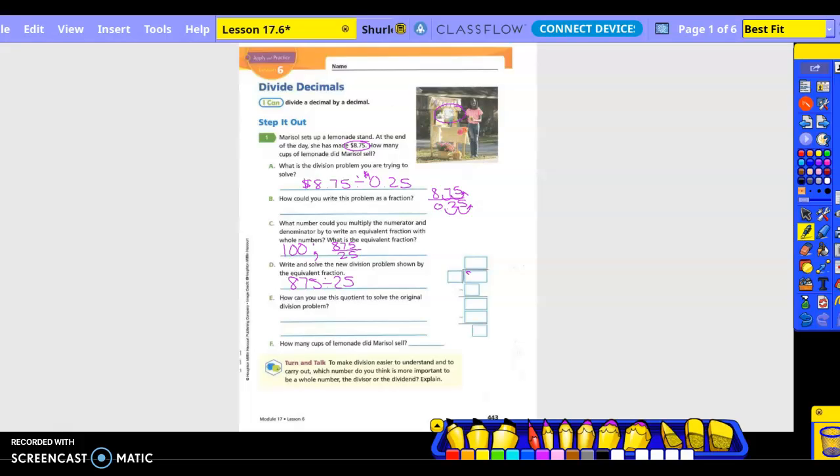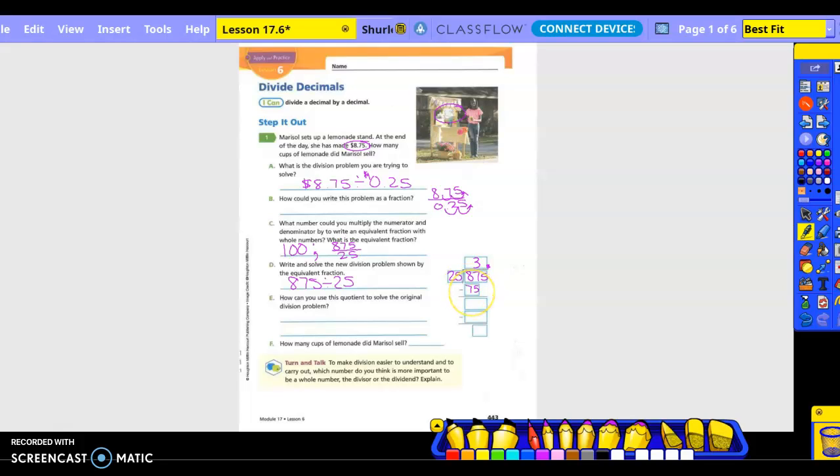Okay. So I'm going to put 875 in the house as the dividend and 25 out here as the divisor. So my decimal will go straight up because it'd be back here. All right. 25 into 8, 0 times. 25 into 87, 3 times.